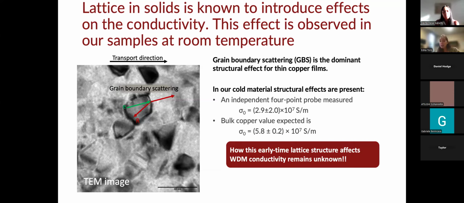So we know lattice in the condensed matter affects the conductivity. We know there's lattice in the warm dense matter regime, but up to now, nobody has ever accounted for effects of the lattice in the conductivity in the warm dense matter regime. So our measurements are able to see these effects. And this will be important going forward into understanding how we are able to predict that structure has some effect in the conductivity.